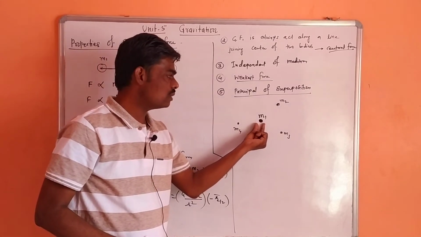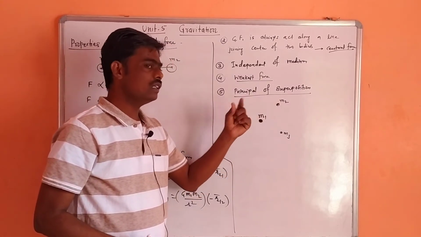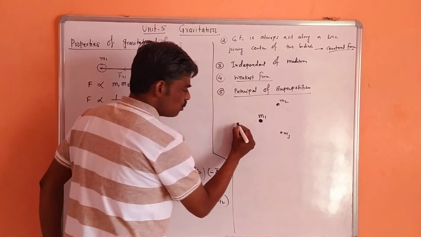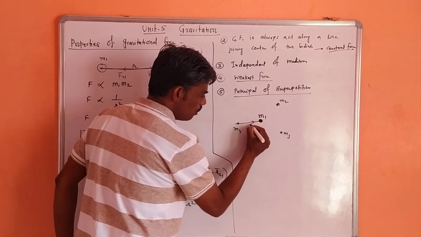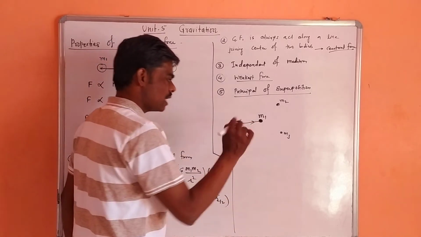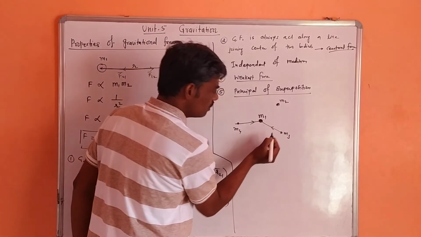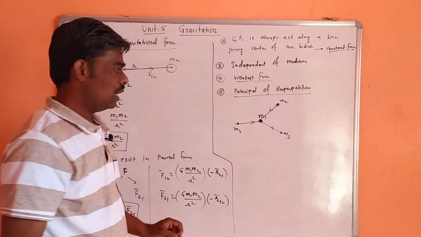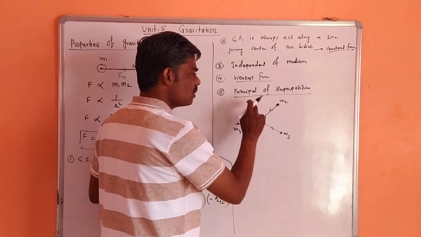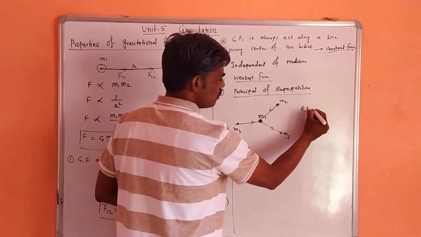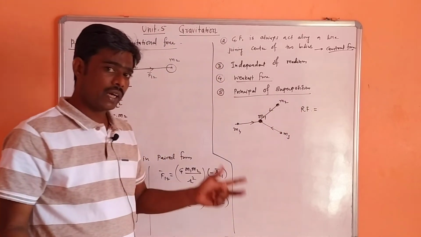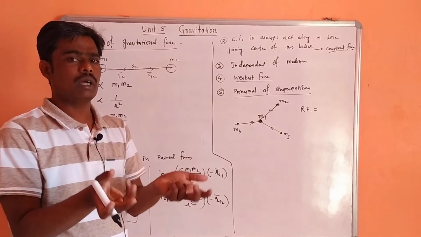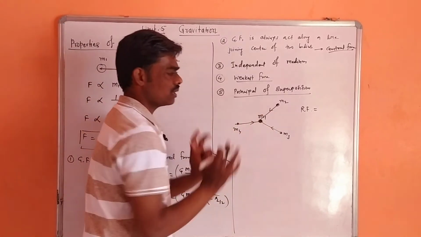That gravitational force is produced by the gravitational force exerted by m4 on m1, as well as m3 on m1, m2 on m1, and so on. That means the resultant gravitational force is the vector sum of all the gravitational forces exerted by masses on this central mass.